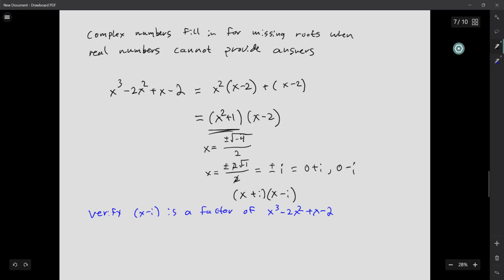And this goes back to saying, what does it mean to be a factor? Well, if this is a factor, that means x equal to i is a root, which means if I plug in this root, I should get 0.